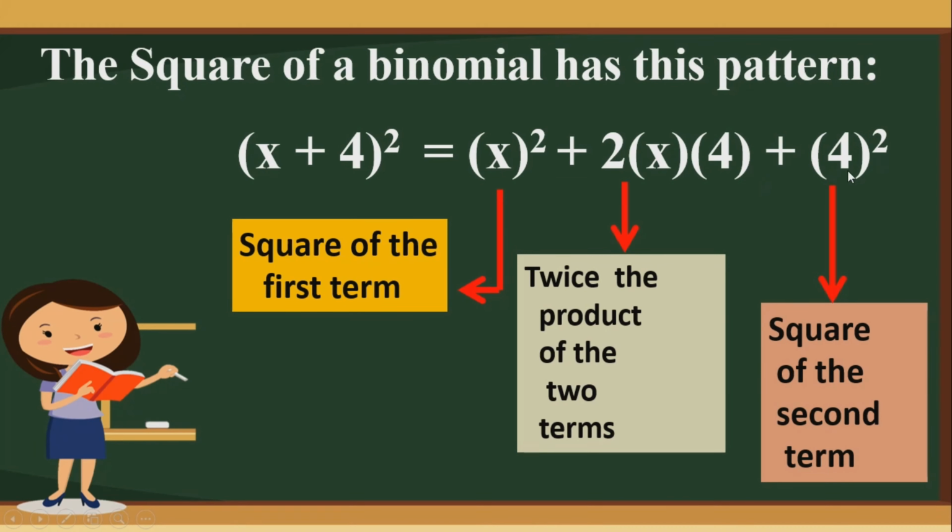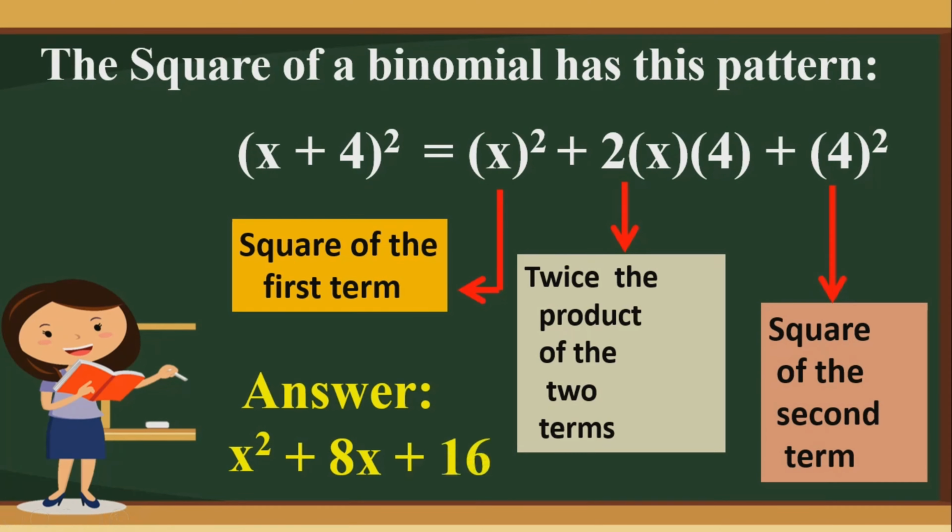The second term is 4, so that is 4 times 4. So the answer is x times x is x squared plus 2 times x times 4 is 8x, and then 4 times 4 is 16.